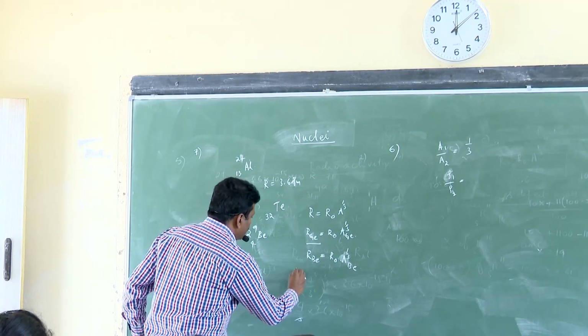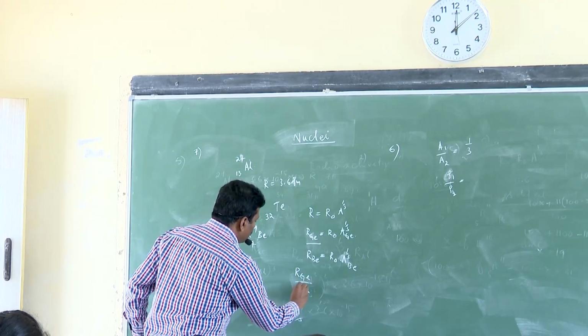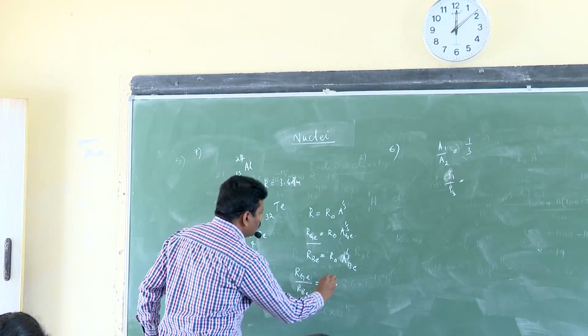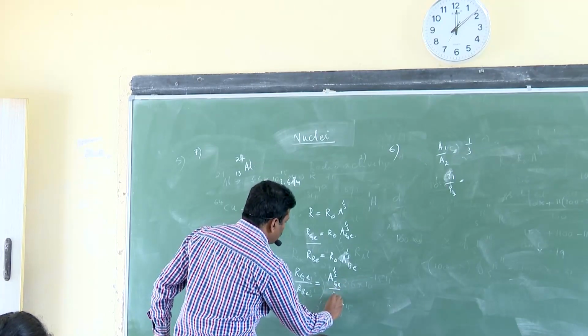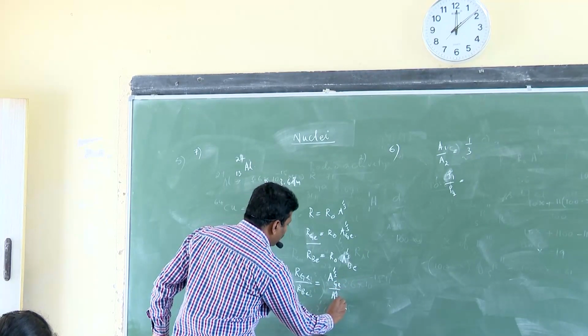Therefore, divide R germanium by R beryllium, which is A to the power of 1/3 germanium by A to the power of 1/3 beryllium.